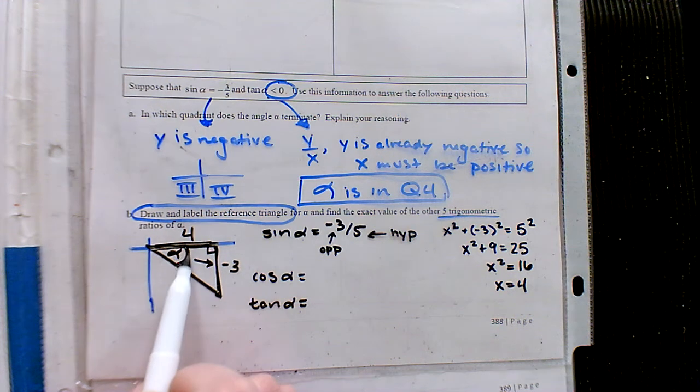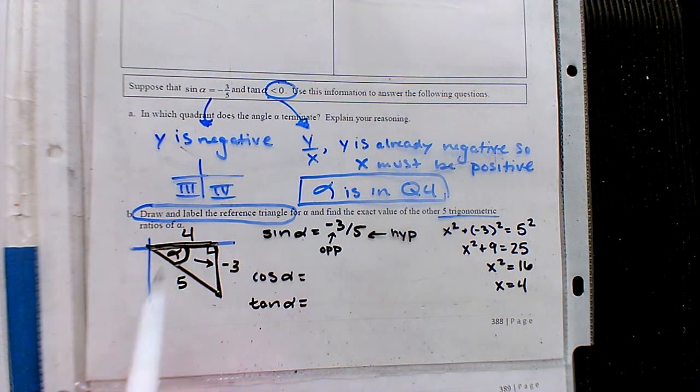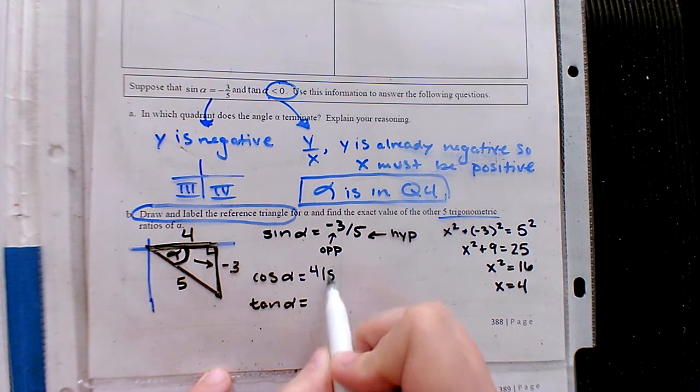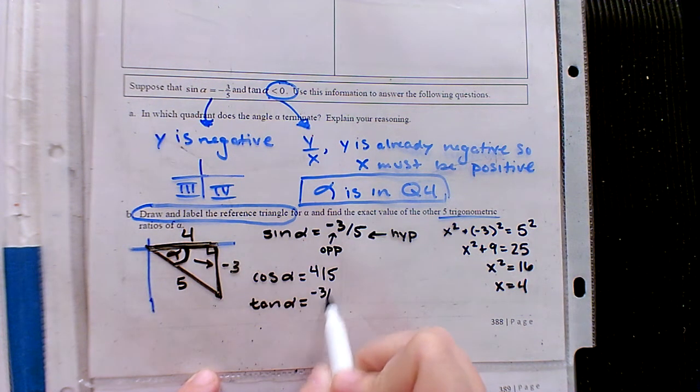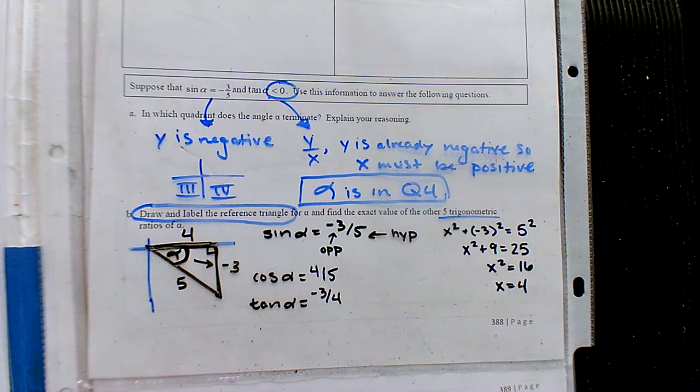We have our angle alpha right here. What's the adjacent side over the hypotenuse? 4/5. Good. And then what about our tangent ratio? Think about SOHCAHTOA. -3/4. Perfect.